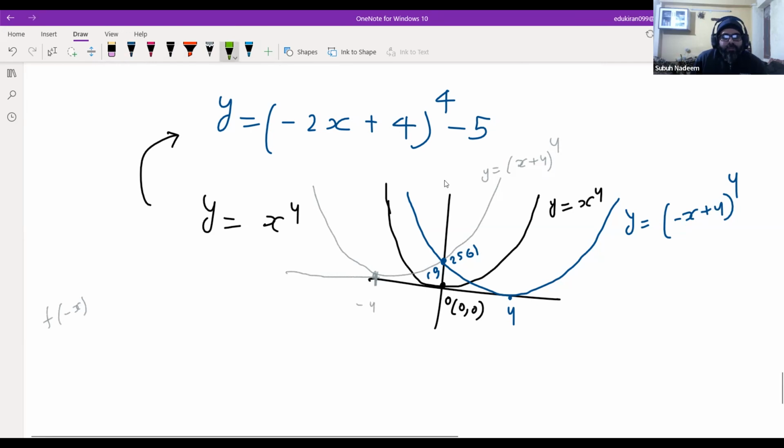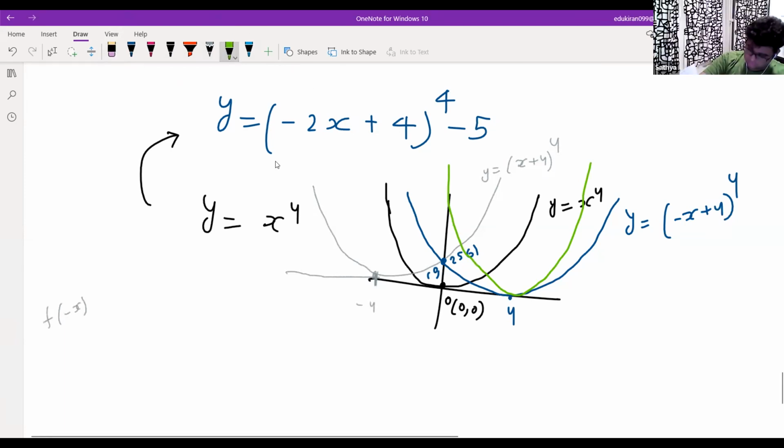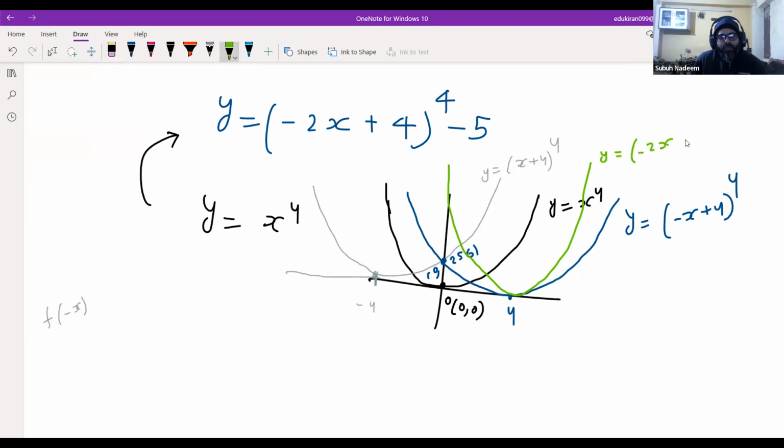So this will be something like this. Minus 2x plus 4 to the power 4.